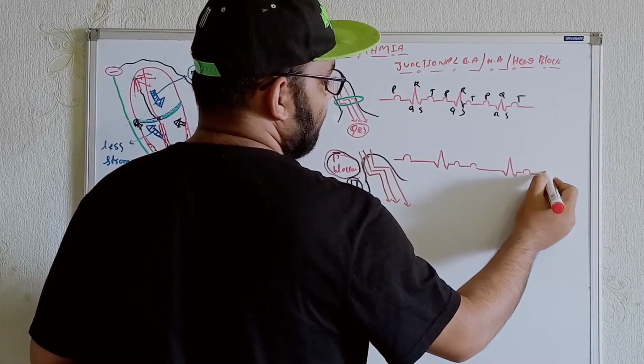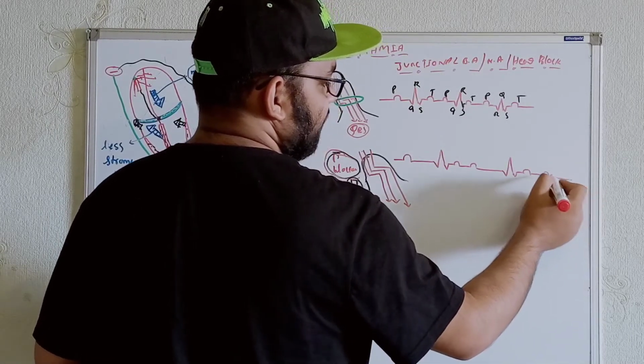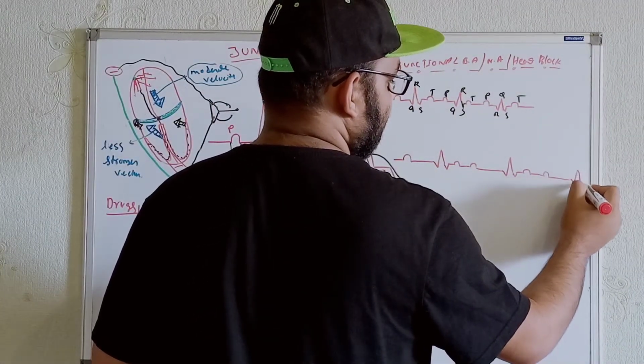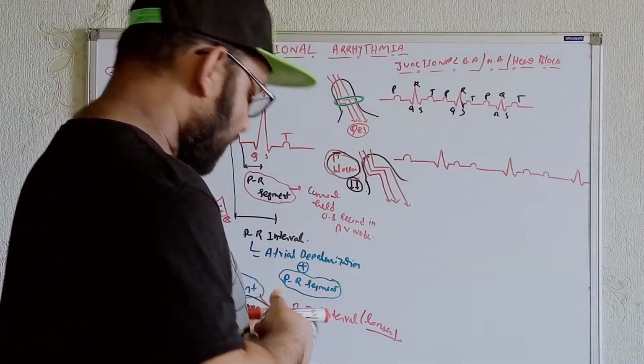Again we will get the P wave, again a longer PR segment, again the QRS complex, again the T wave, and again the P wave with a longer PR segment, then again the QRS complex. Now try to understand from here, what did I say?